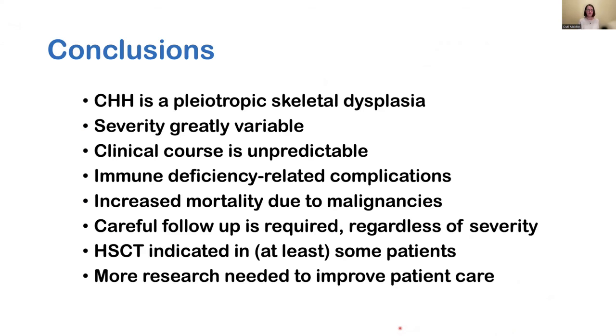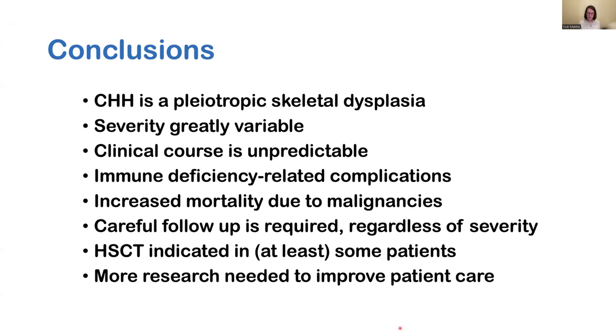So to conclude, CHH is really a pleiotropic skeletal dysplasia, and the severity is greatly variable. The clinical course is also very unpredictable, and there are a lot of immune deficiency related complications and increased mortality due to malignancies especially.